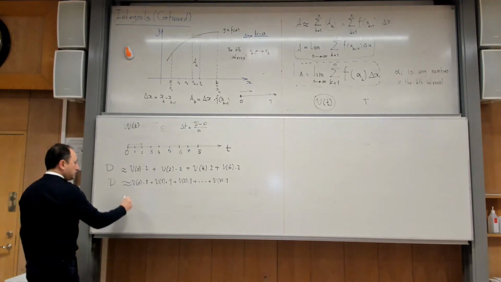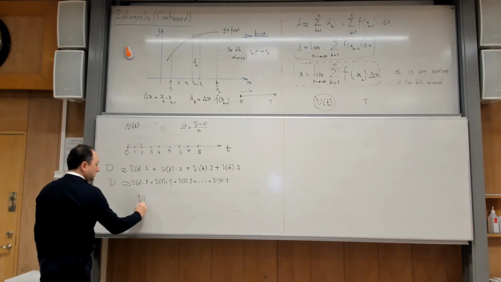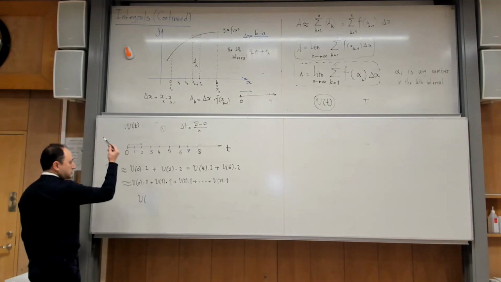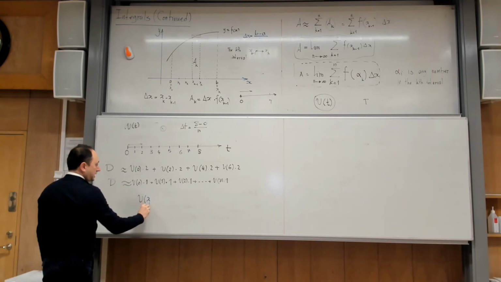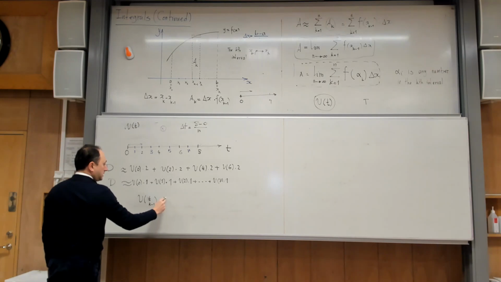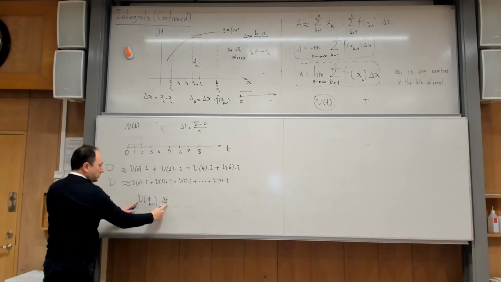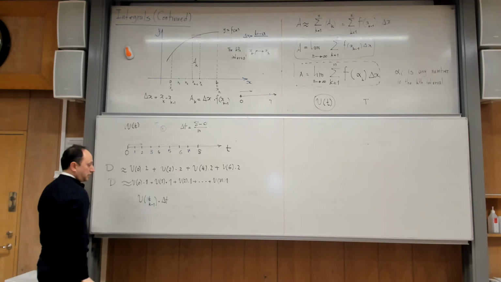And then I calculate v at the left-hand side, for example, t sub k minus 1, and then multiply it by delta t. This will give me the approximate distance traveled by my moving particle on the kth interval of time.